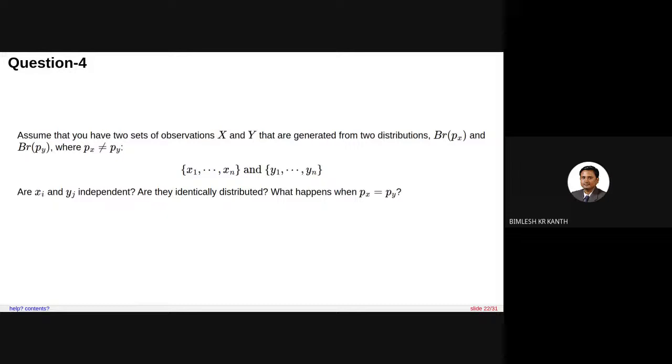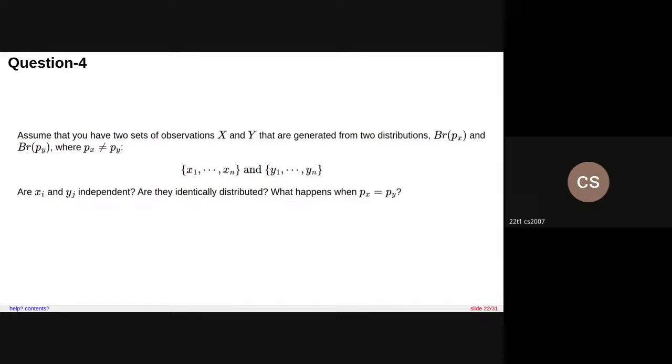I want you to clarify this and how similar or dissimilar the situation is to the current question. I asked these questions in the activity questions just to clarify that point in the lectures. If you have two different coins which belong to two separate sets of observations, which is what this question 4 is, then they are independent and identically distributed only if px equals py.